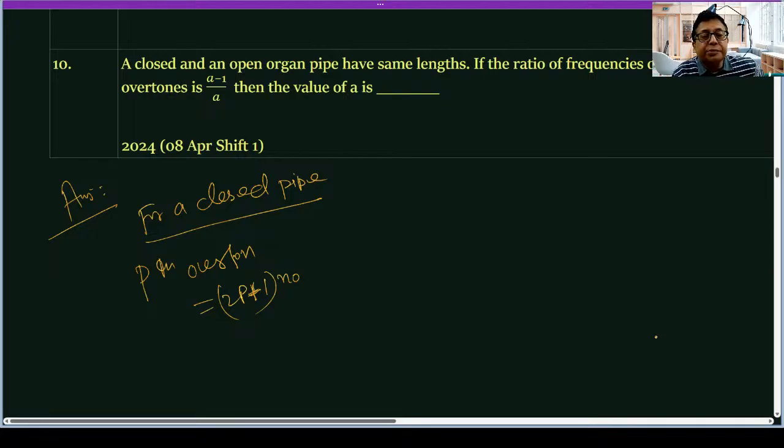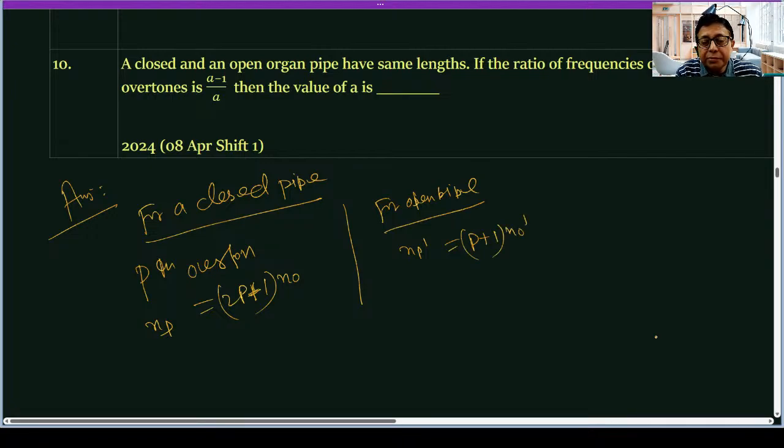For an open pipe, N P dash will be equal to (P plus 1) N0 dash. Here N0 is V by 4L, and N0 dash for the open pipe is V by 2L.